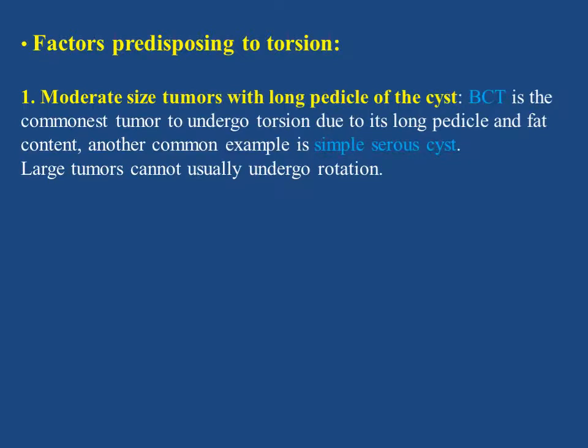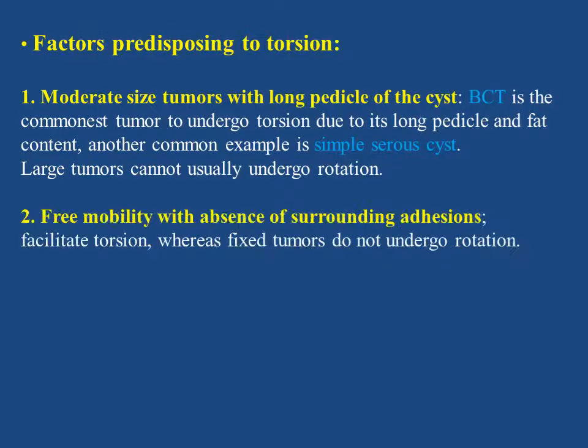Number one, a moderate-sized tumor with a long pedicle. That's why the commonest to undergo torsion is the benign cystic teratoma, because it does have a long pedicle and it has a fat content, so it can undergo torsion. Again, the simple serous cyst can undergo torsion.